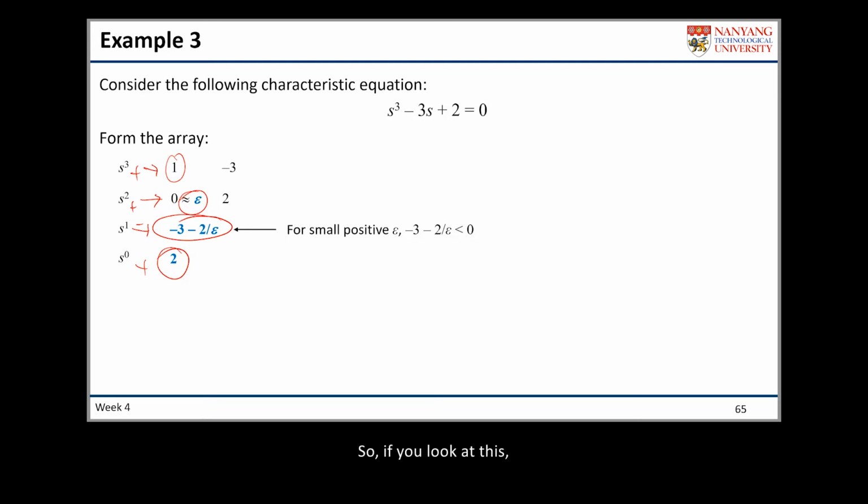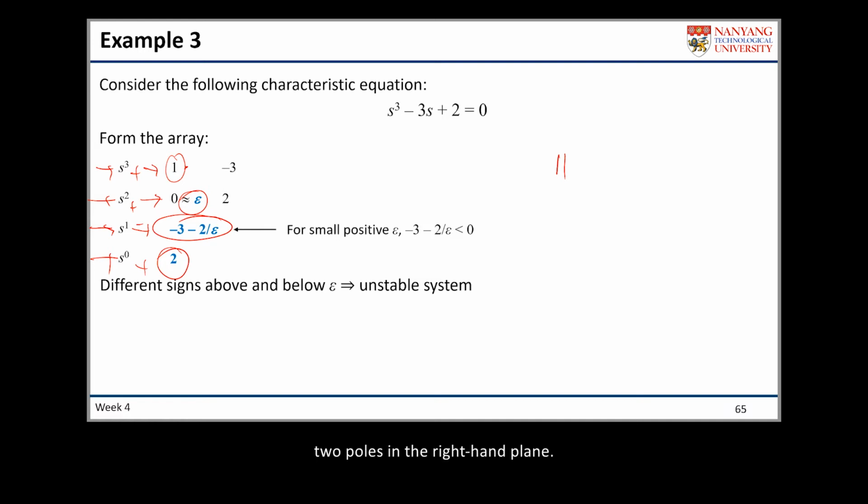Your system is unstable. And the number of sign changes will tell you how many poles are in the right half plane. So if you look at this, you have positive and then positive. There is no sign change. And then moving to the third row, you have negative. So there is a sign change from positive to negative. Sign change once, and then moving to the last row, the sign changes again from negative to positive. So the sign changes twice. That means for this system, you will have an unstable system with two poles in the right half plane.